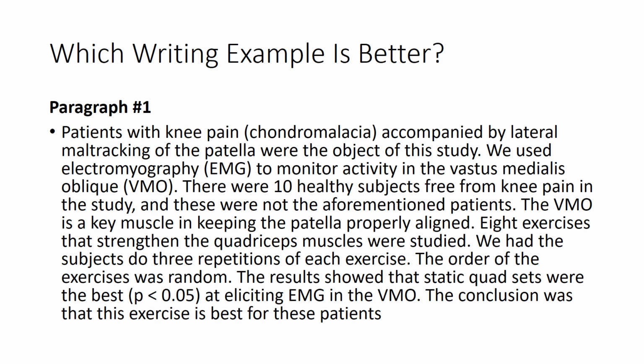The VMO is a key muscle in keeping the patella properly aligned. 8 exercises that strengthen the quadricep muscles were studied. We had the subjects do 3 repetitions of each exercise. The order of the exercises were random. The results showed that static quadriceps were the best at eliciting EMG in the VMO. The conclusion was that this exercise is best for these patients.